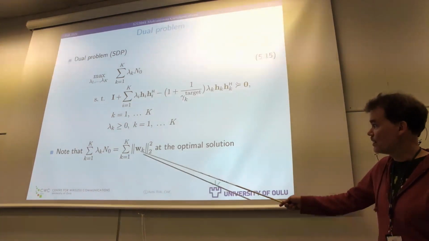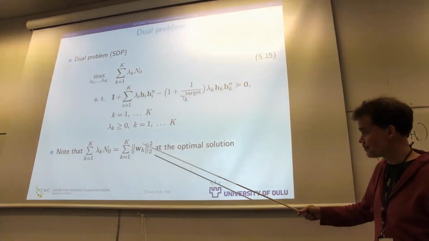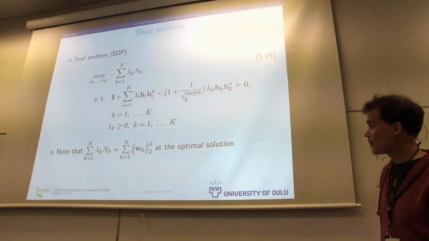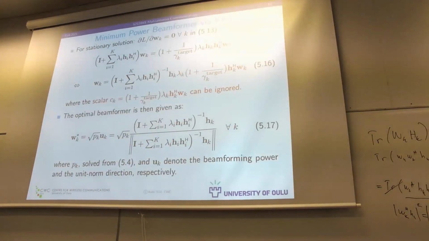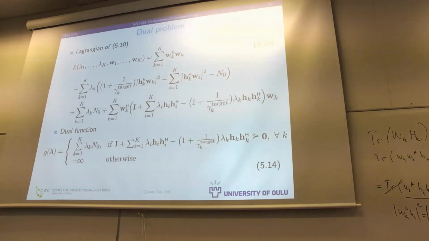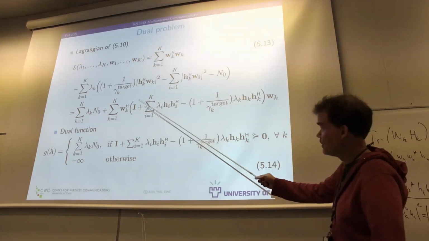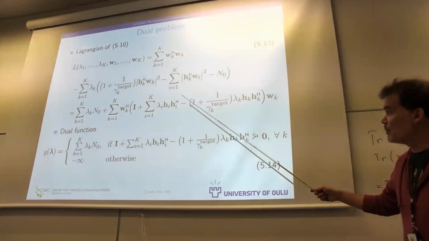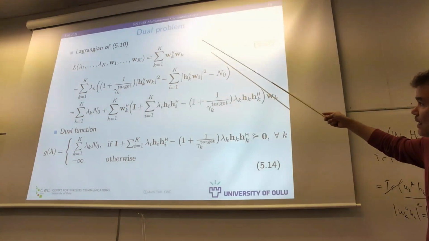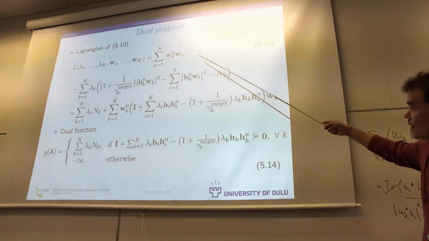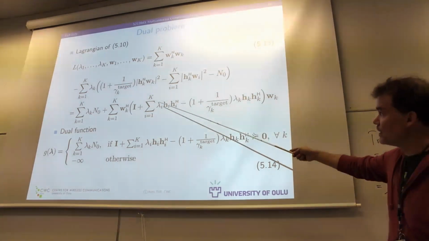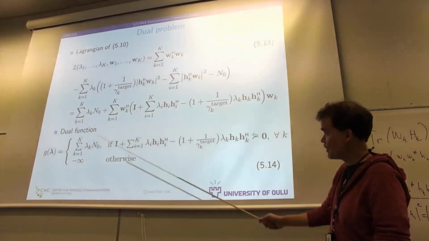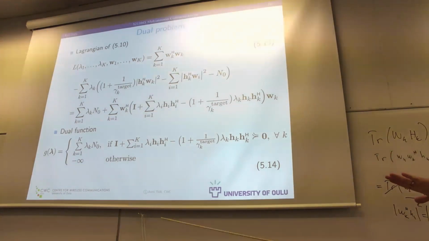So far so good. Of course, this doesn't help. Of course, we can solve these W's directly from the SOCP or SDP. But now, if we have an expression, we can go back to the Lagrangian. Optimality conditions state that at the optimal solution, differentiating the Lagrangian with respect to lambda and W, or the primal variable W, should vanish at the optimal, right?